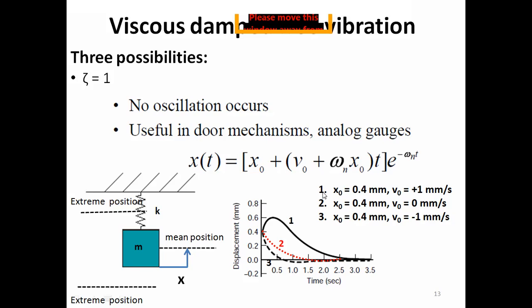Let's see if we have this initial condition: x naught is equal to plus 0.4 millimeter and v naught, the initial velocity, is plus 1 mm per second. If you simulate this equation in software like MATLAB or Excel, we would get this plot.